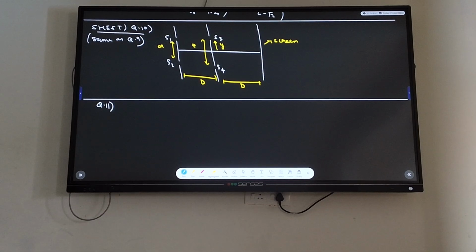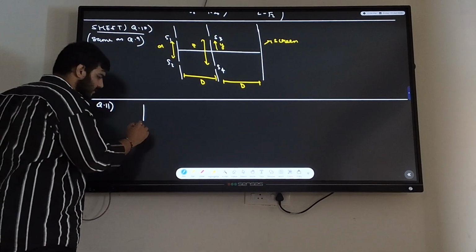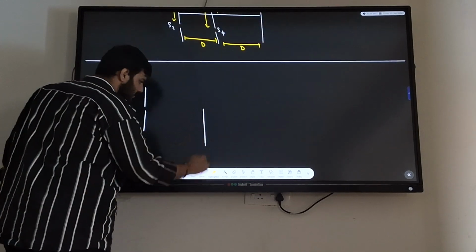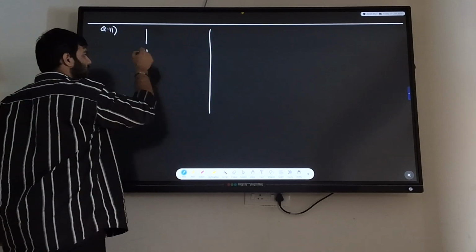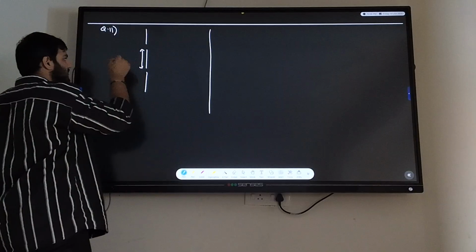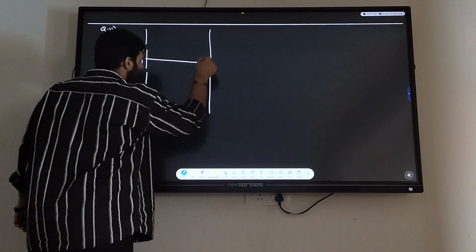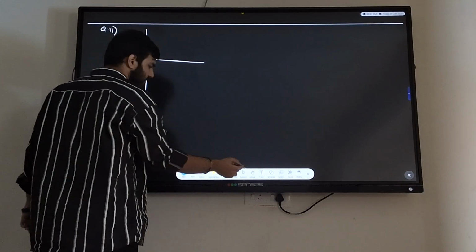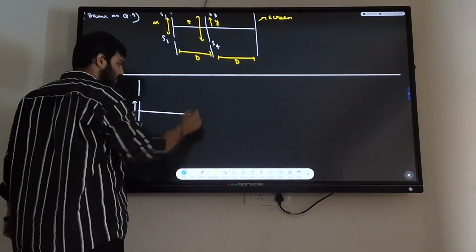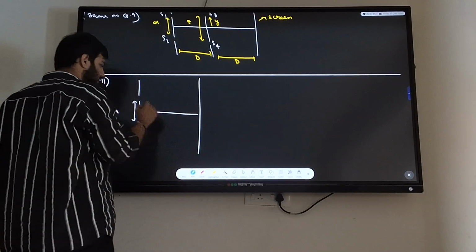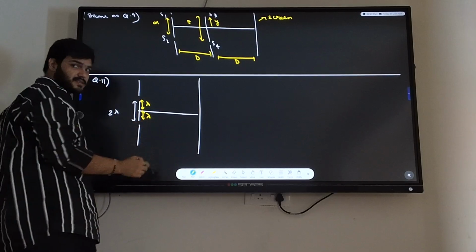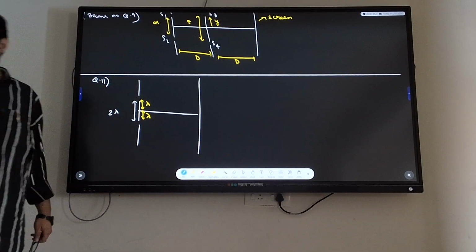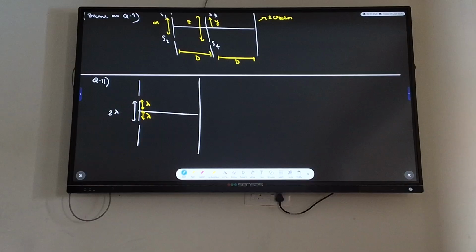So let me make the diagram. You will have a screen where the separation between these two sources is 2 lambda. If I take the center line, then this is lambda and this is lambda, no? And now they are asking, what is the smallest distance on this line?